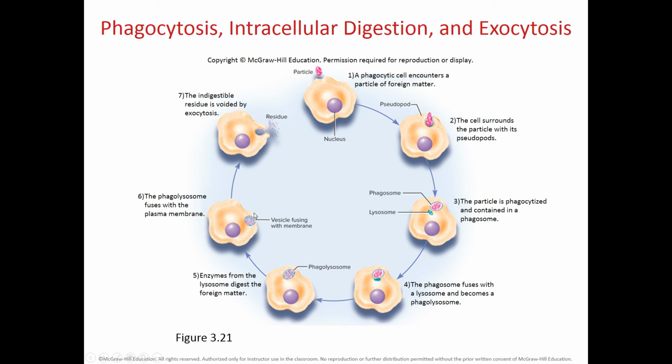These pieces might not be needed for the cells to use, and the cells are going to get rid of these phagolysosomes. So they're going to move this phagolysosome close to the plasma membrane in step 7, which is known as exocytosis, in which indigestible residues are extruded from the cells.